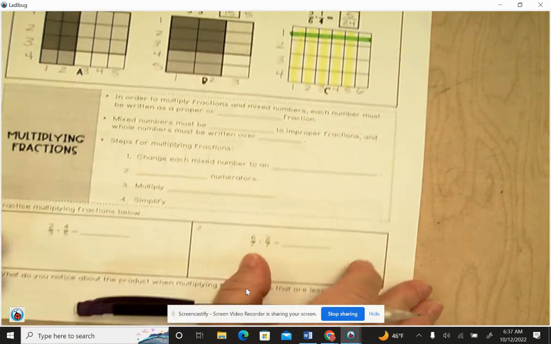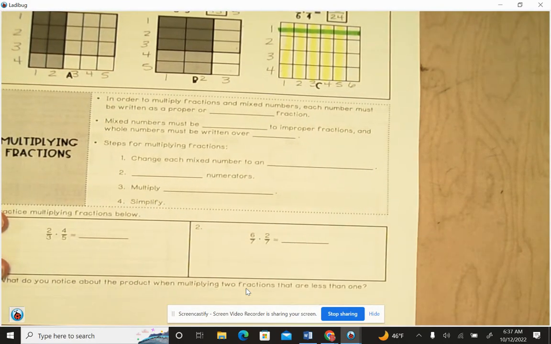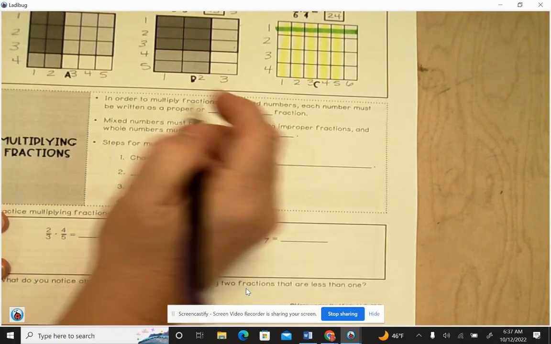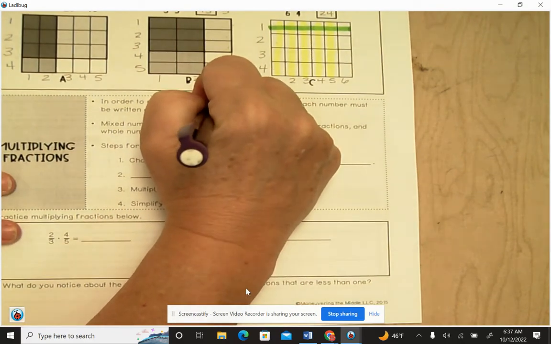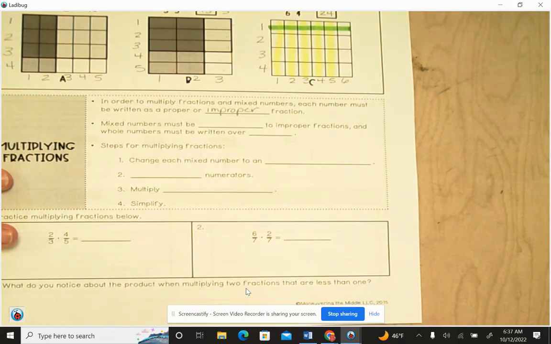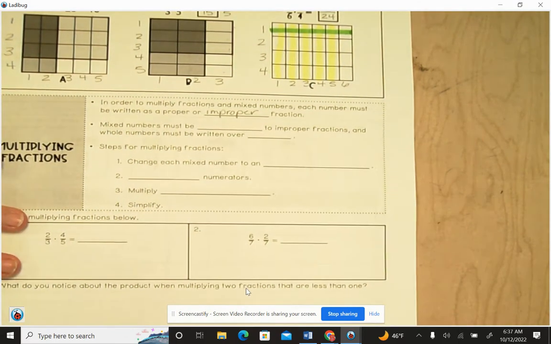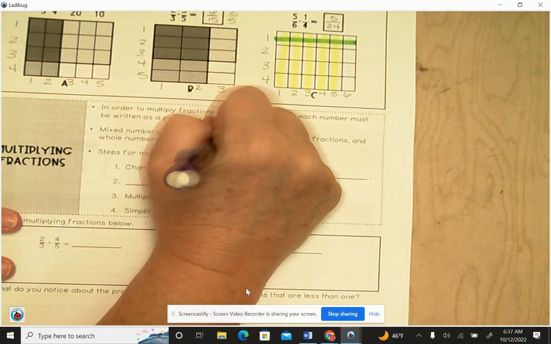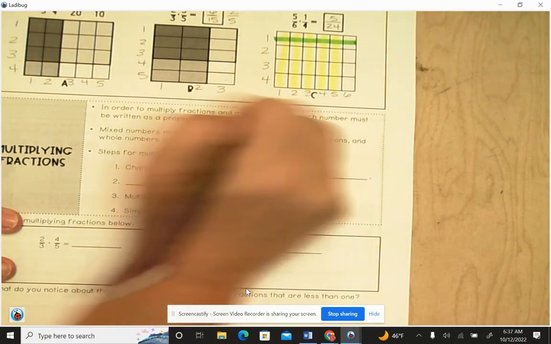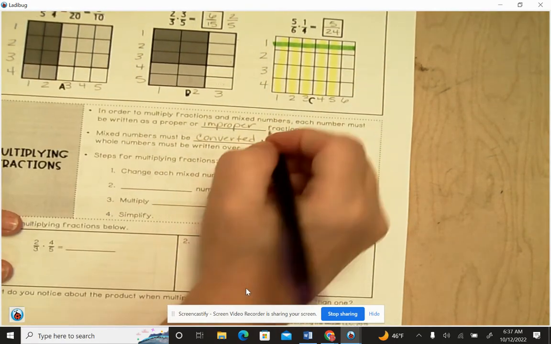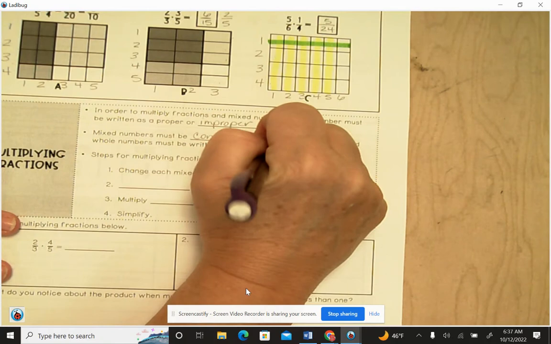All right. In order to multiply fractions and mixed numbers, each number must be written as a proper or improper fraction. Mixed numbers must be converted to improper fractions, and whole numbers must be written over 1.